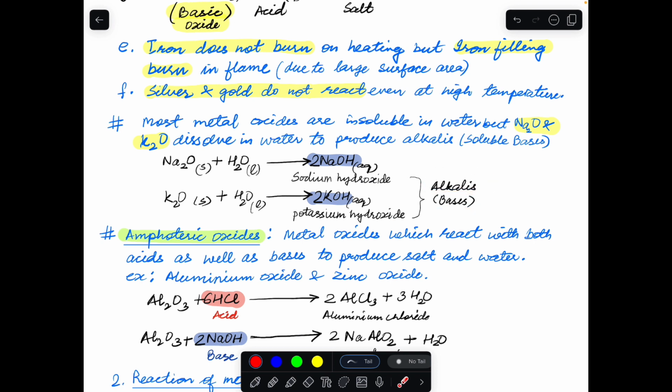Therefore, these metals like sodium and potassium are called alkali metals. Why? Because when their oxides are dissolved in water, they form bases which are called alkalis. Okay. So this reaction is again a proof that metal oxides are basic in nature. Therefore, when they are dissolved in water, they form bases.